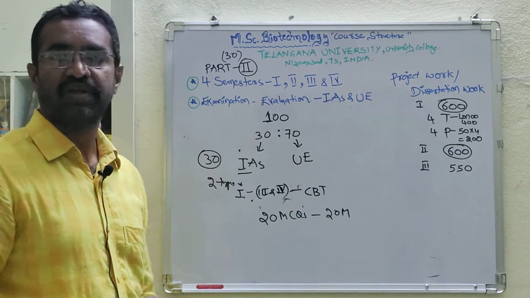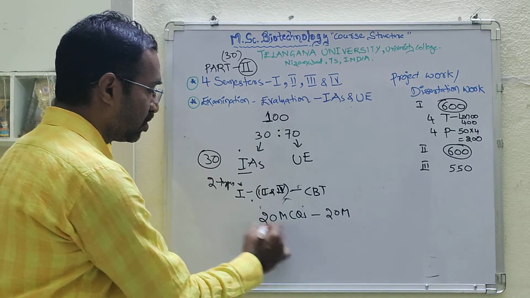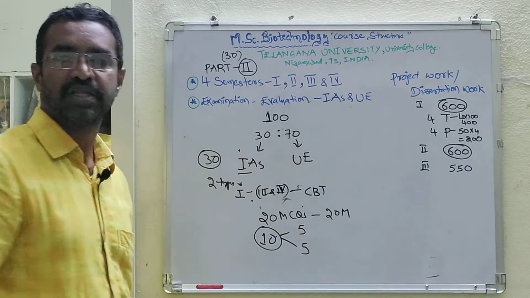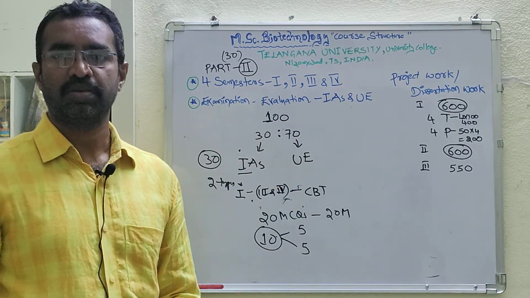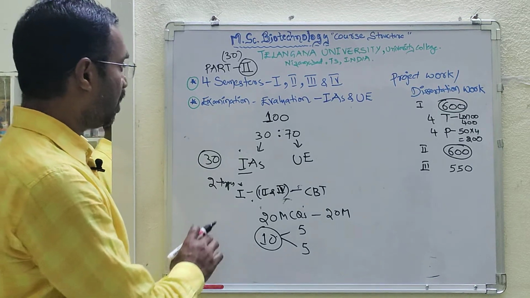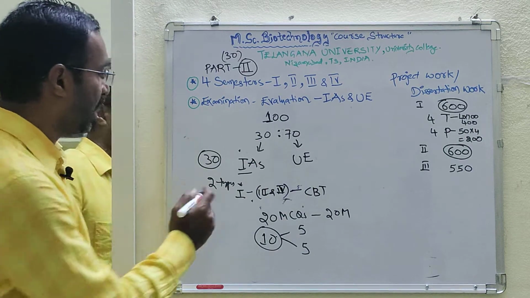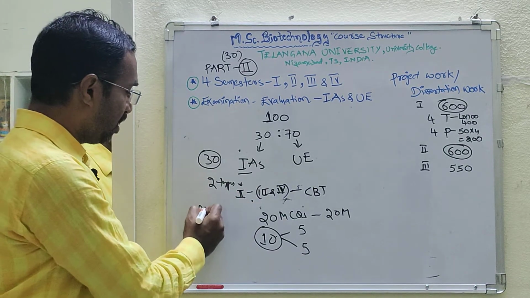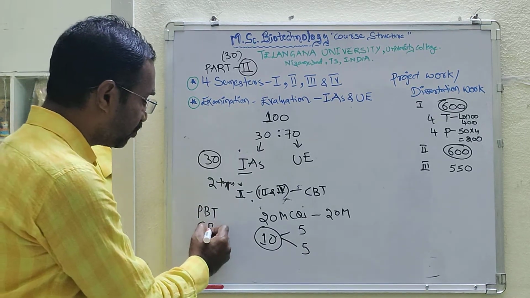Similar to the first internal, again 10 marks are split: 5 marks for assignment and 5 marks for the presentation or chalk and talk presentation. So this is about the internal marks. Every student has to attend these two different types of internals: one is a paper based test, and another one is CBT.